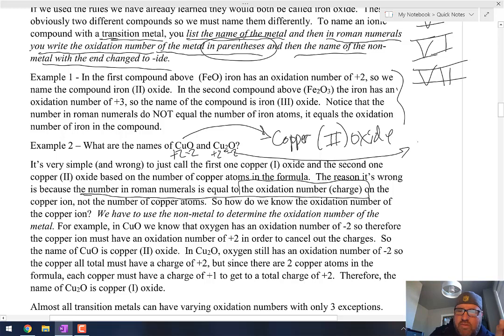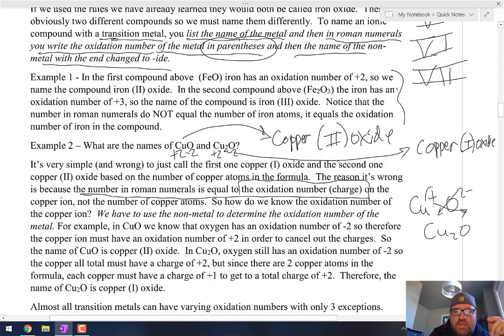And so therefore this is copper 1 oxide. Think about it: if you have Cu+ and O2-, what's the chemical formula? Cu2O. See how it's copper 1? That's why it is copper 1 oxide.